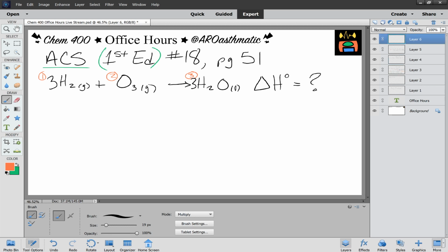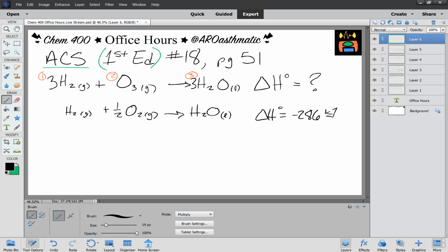So I need to take that first reaction, which is H2 gas plus 1/2 O2 produces liquid water. This is a delta H of negative 286 kilojoules per mole.